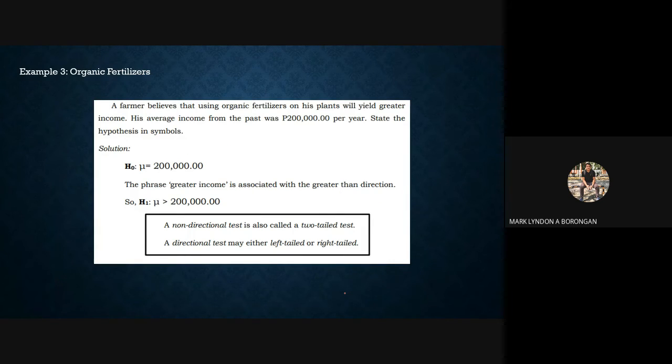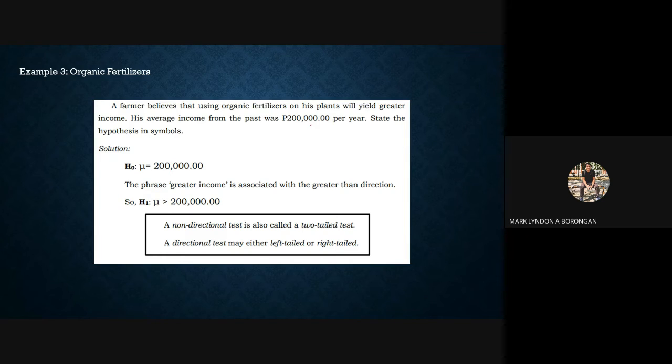So another example. A farmer believes that using organic fertilizers on his plants will yield greater income. His average income for the past years was 200,000 per year. So state the hypothesis in symbols. So for our solution, ato ang H sub 0 is matik na atong null hypothesis will be equal to 200,000.